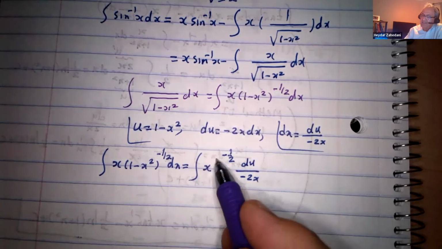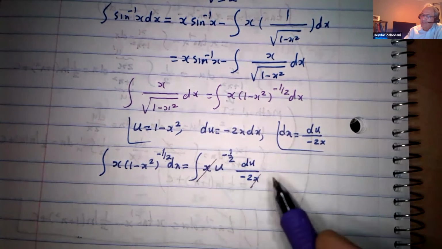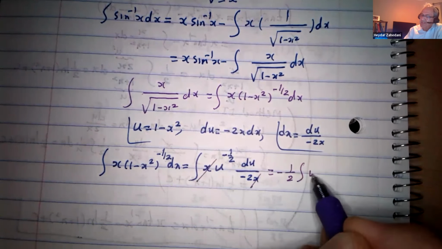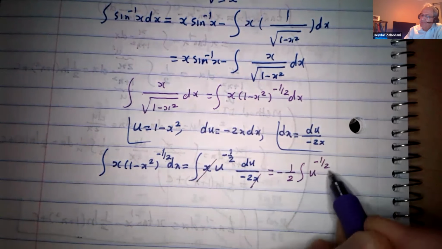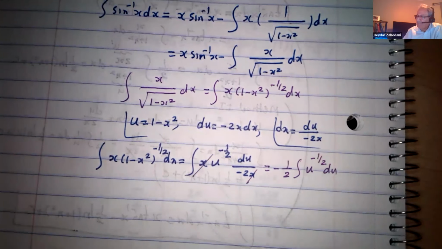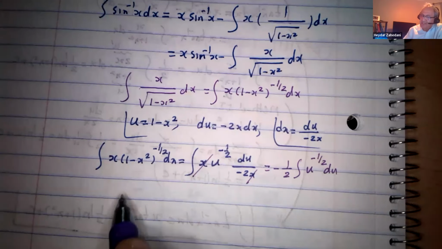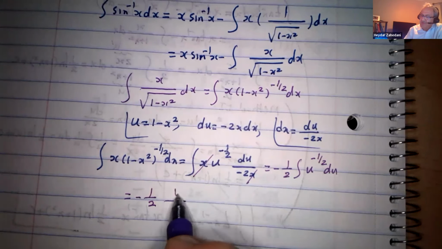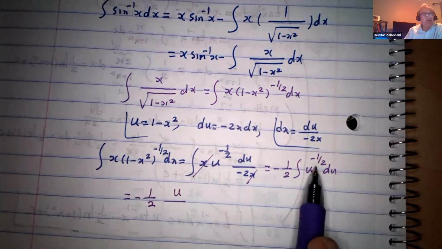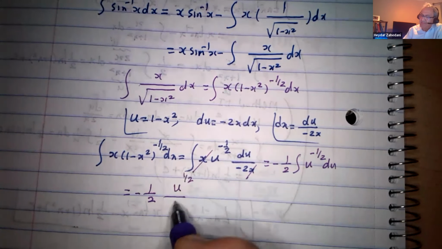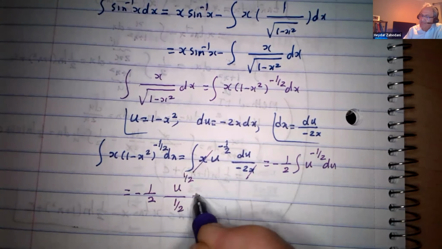Simplify the x. The leftover would be negative half integral of u to the negative half du. Okay, and this integral is going to be what? It's negative half u to the, add 1 to the power, negative 1/2 plus 1 would be a positive half, divided by the positive half plus c.